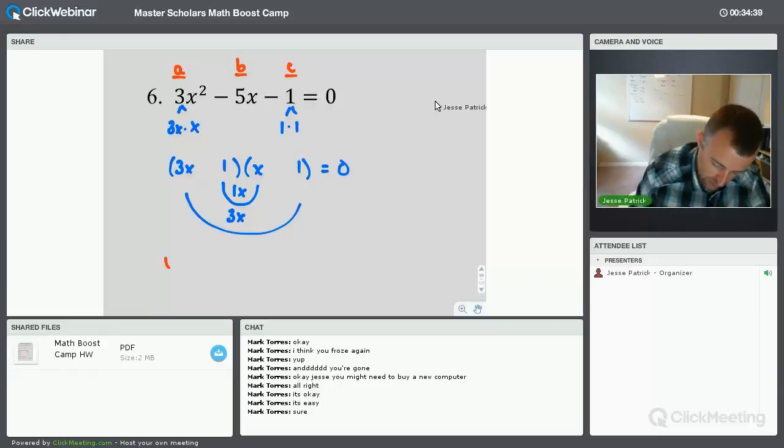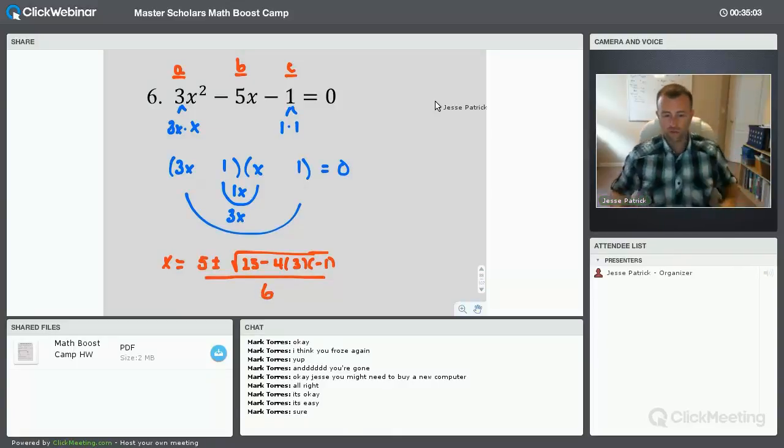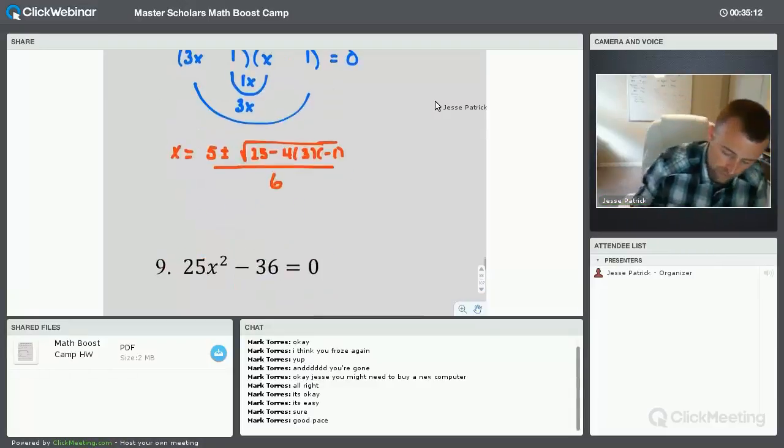So if we do that, it's x equals -b, which is 5, plus or minus the square root of b squared minus 4ac. B squared is -5 squared, so that's 25, minus 4 times a, which is 3, times c, which is -1, and that's all over 2a, which is 6. And again, I'm doing it quickly, assuming that you're doing okay with this, but the formula's up there. If you're watching on a video, just pause it and check each term with the formula, okay?